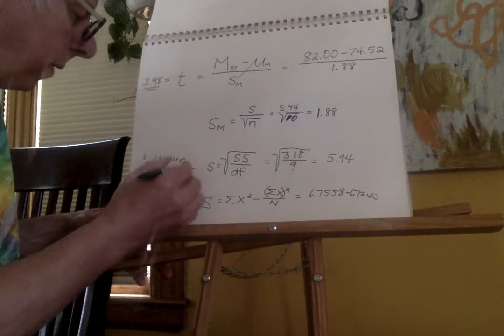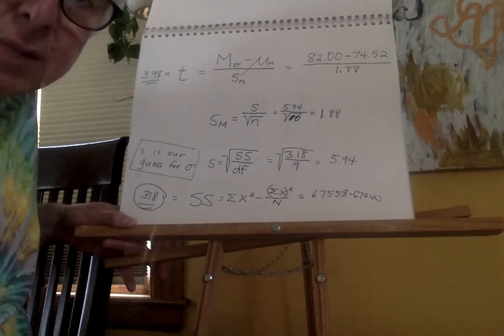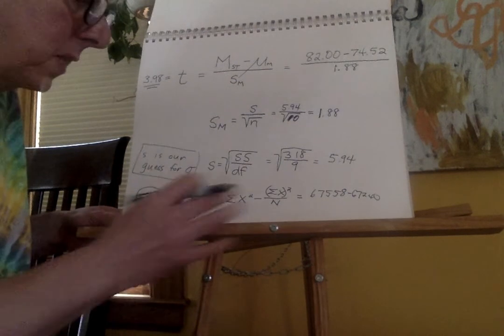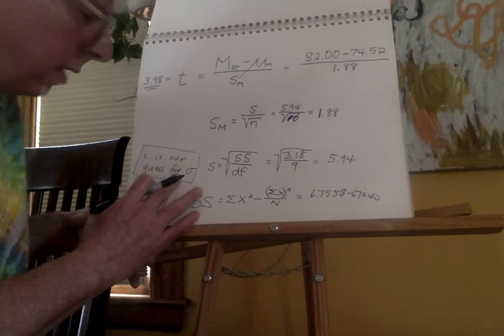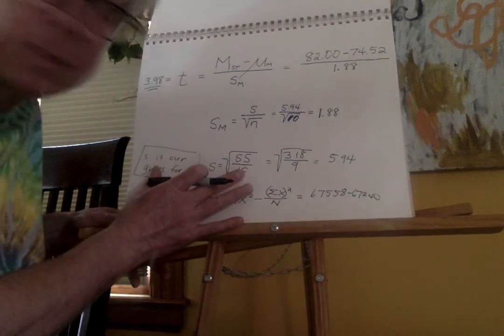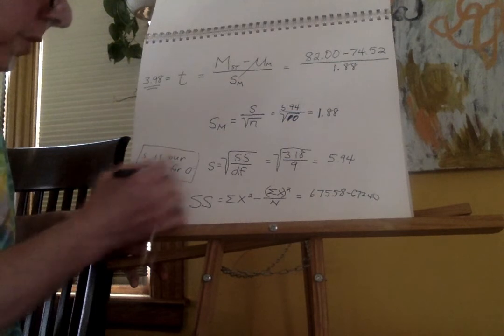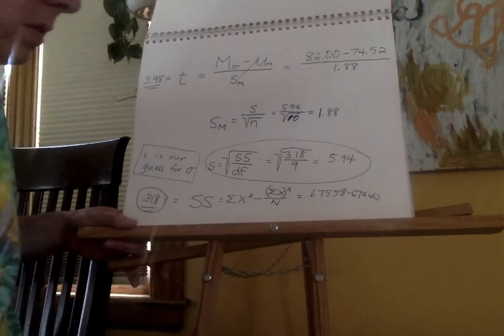S is our guess for sigma. That is, we're using sample variability to make a guess about the population variability, okay? This is our guess, our unbiased estimate for sigma. That's what we're doing in this step. We're making an unbiased estimate for sigma.